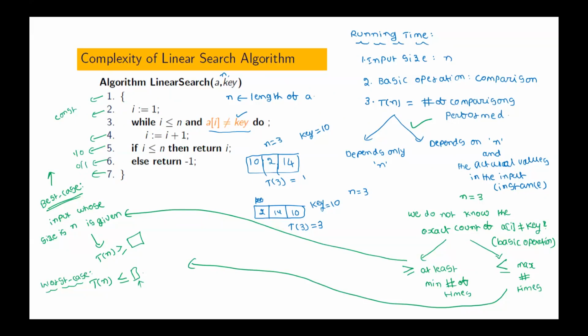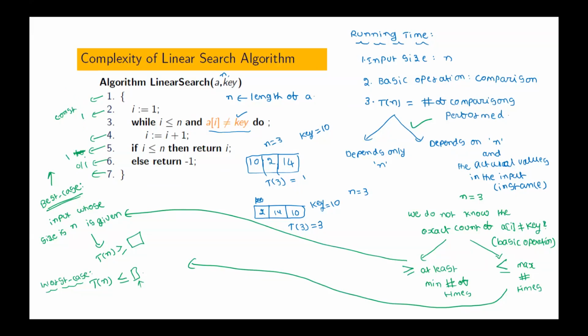Fifth step is always 1 time, whether it is true or false, that operation should be performed. Sixth step, if it is false, then only it is performed, 0 or 1 time. This is performed only 1 time, this is only a brace. So what is the total number of times it is performed? 1 plus 1, 2. This also, if we take at max as 1, 3, and this is 1.